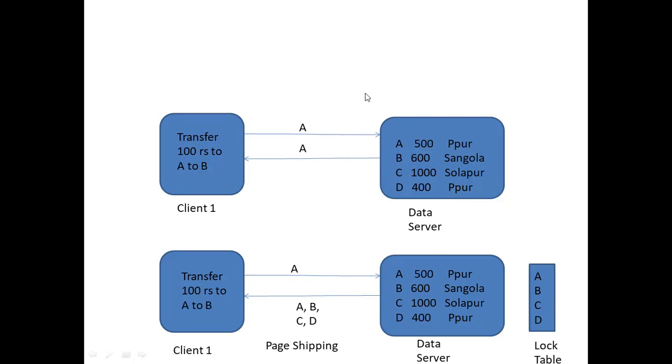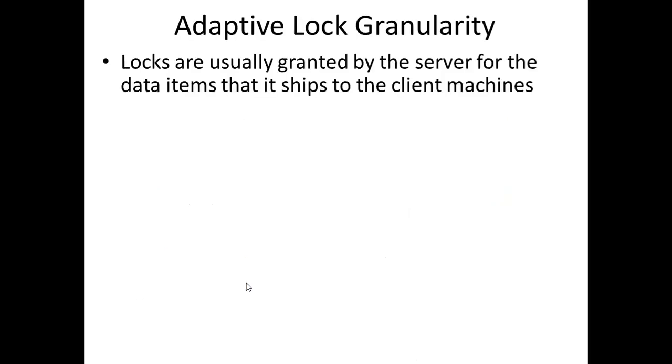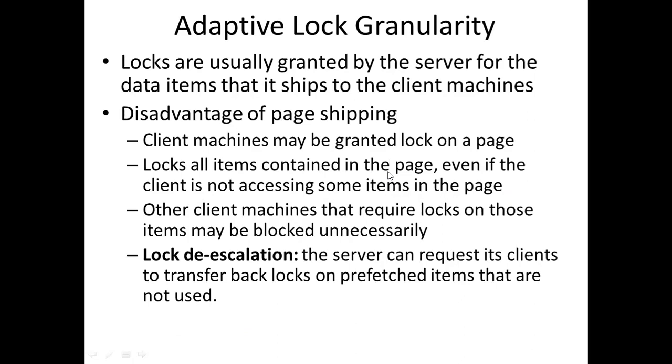But in case of page shipping, the client wants only A, but the entire page is shipped to the client side. Okay. So this is the first issue. Then we are moving to the next issue, that is adaptive lock granularity.